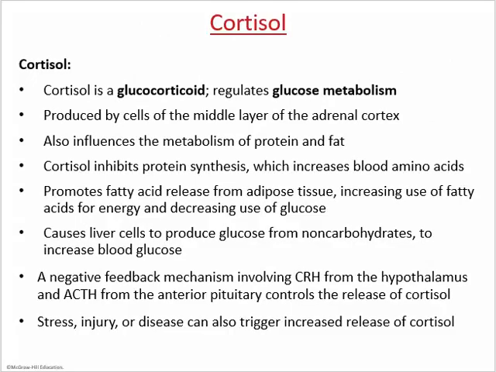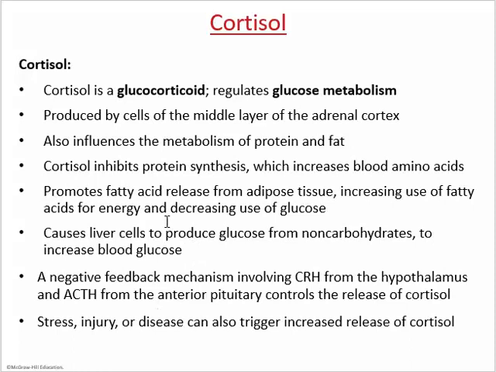The stress hormones, the glucocorticoids that affect glucose, the most important one is cortisol, and it regulates glucose metabolism. So it inhibits protein synthesis so that you have more amino acids that you can oxidize to make ATP. You metabolize fats and proteins differently.